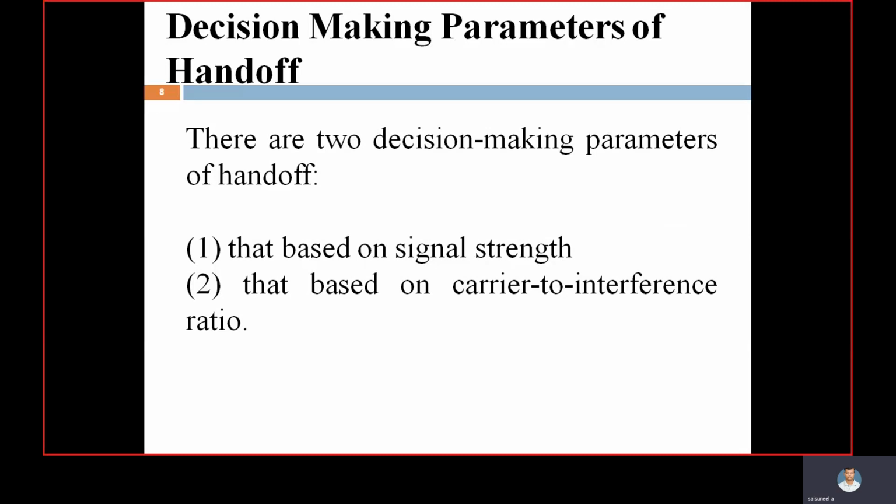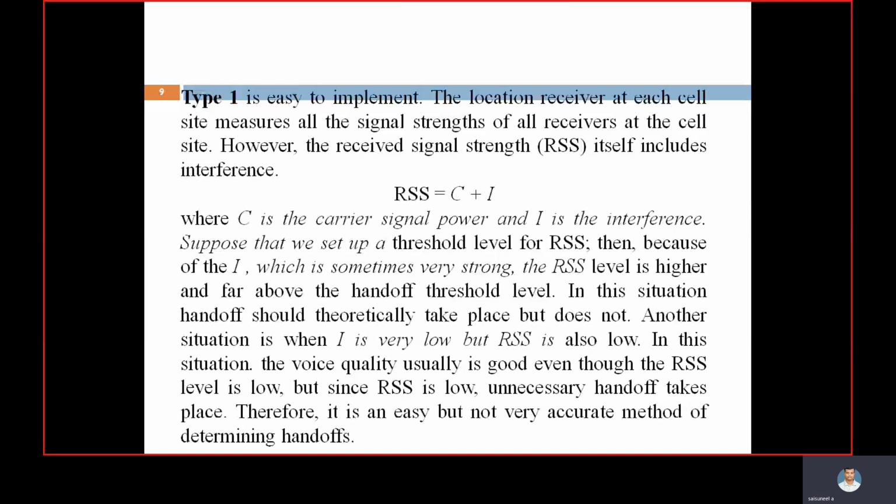Every mobile unit has a received signal strength recorder, which shows the signal strength displayed at the top of your mobile unit. I think you can observe your mobile shows signal strength bars at the top. The received signal strength contains both carrier signal power plus interference.